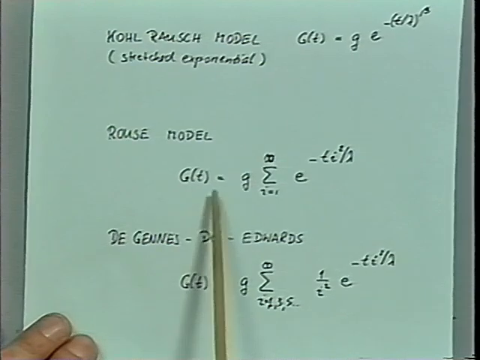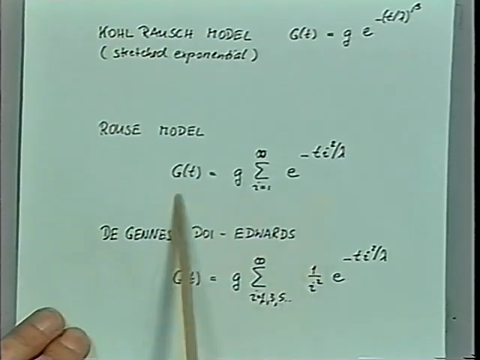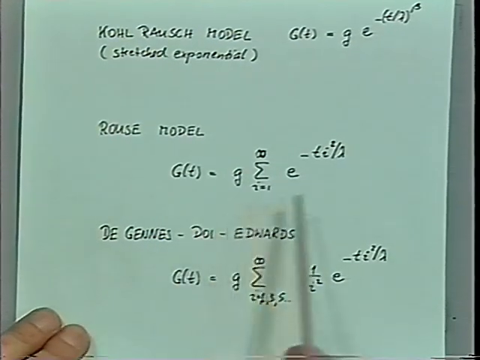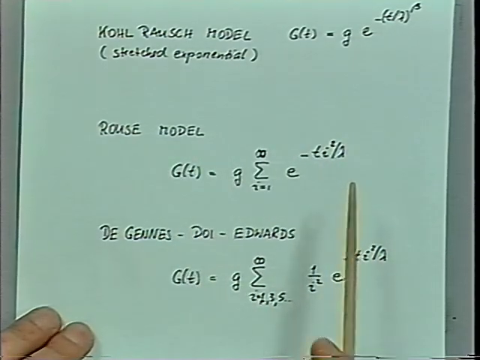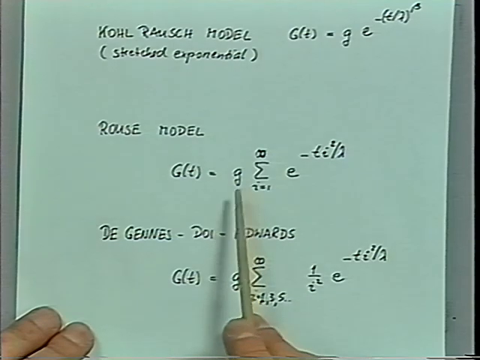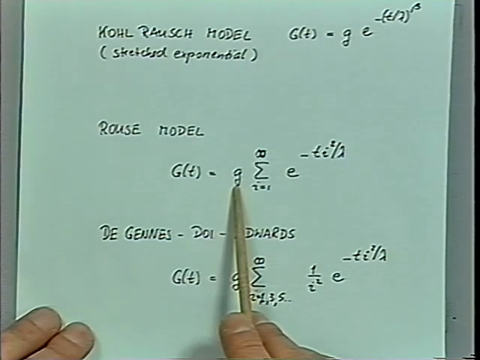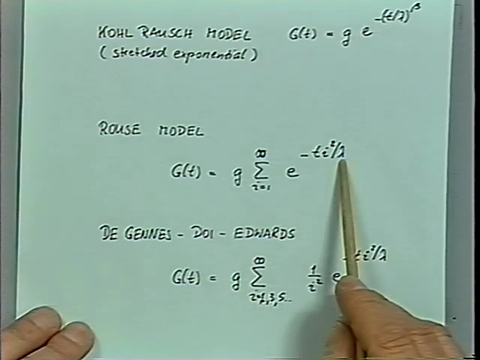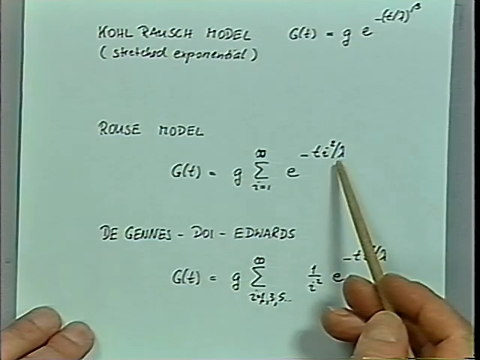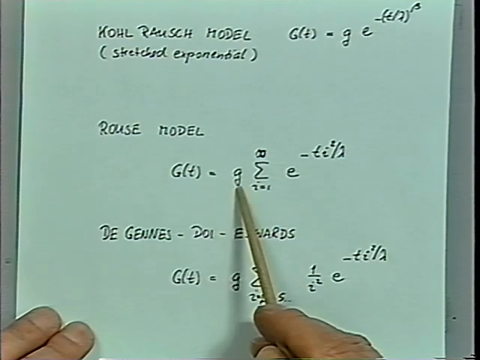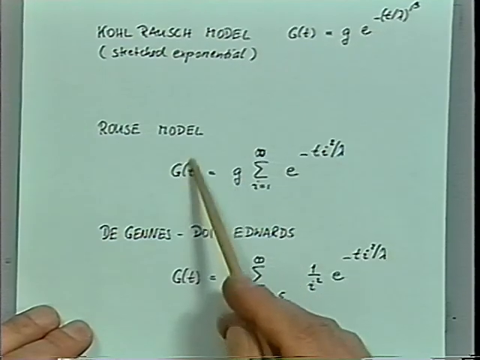And then we also will use the prediction from the Rouse model, where a specific shape is really prescribed, because in the Rouse model you only have two parameters, the front factor here and the longest relaxation time. If you change the front factor, you shift your spectrum up and down.